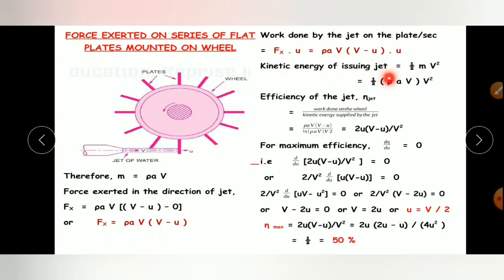Now, kinetic energy of the issuing jet per second equals half m v square, where m equals mass of the fluid striking the plate, and V equals velocity of the jet, which becomes half, in place of m, rho A V into V square, which becomes half rho A V cube. Therefore, efficiency of the jet, eta jet, equals output by input, output power divided by input power. Here output power is the work done per second.